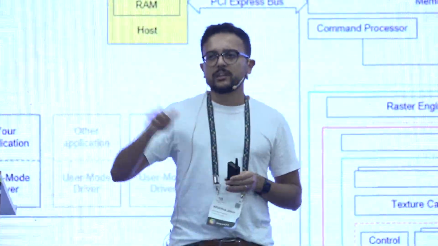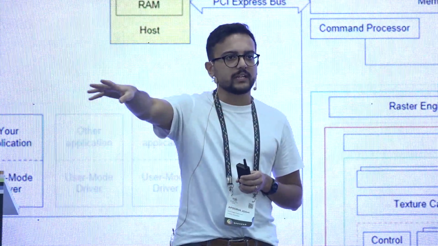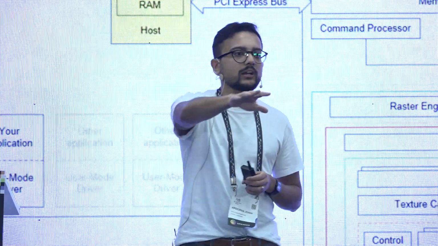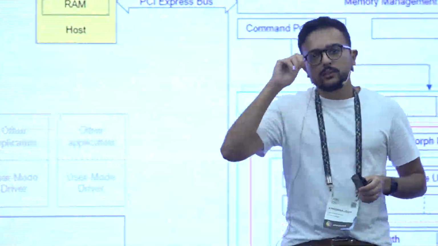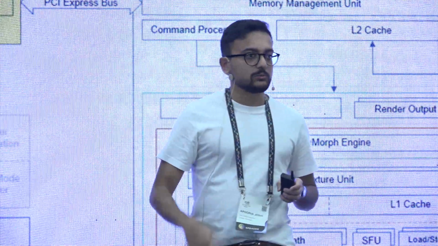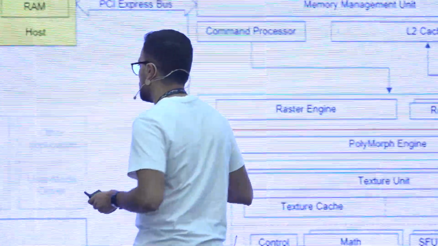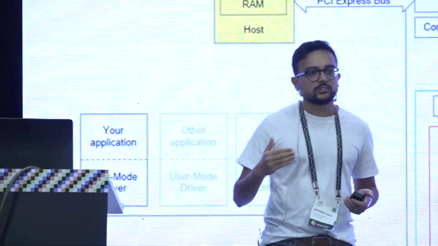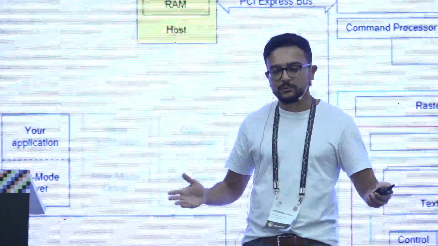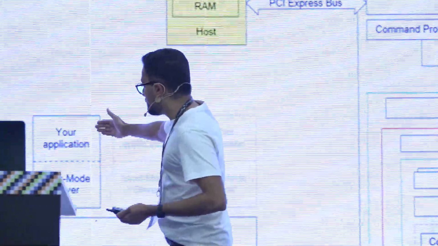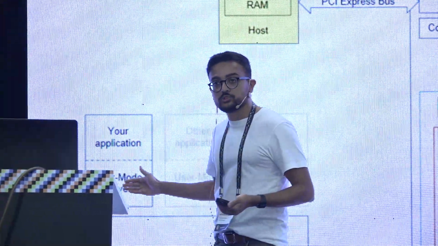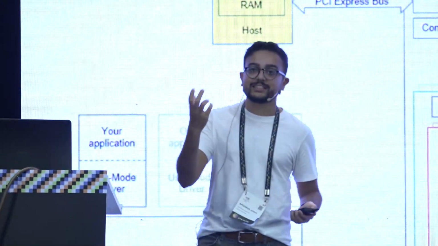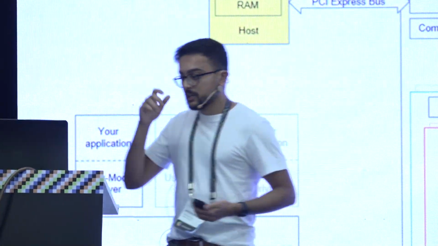How many of you have worked with OpenGL or DirectX or something like that? Quite a few people, right? And I think a lot more of you will have worked with either Unity or Unreal Engine. So your application basically issues commands to the GPU, and we'll see what a command buffer is. But below your application sits the user mode driver, which is attached to your process.